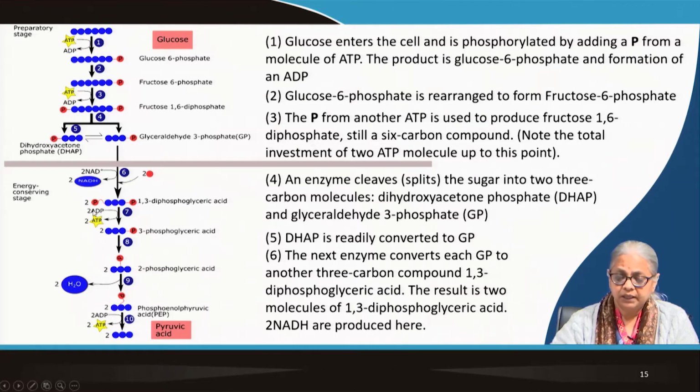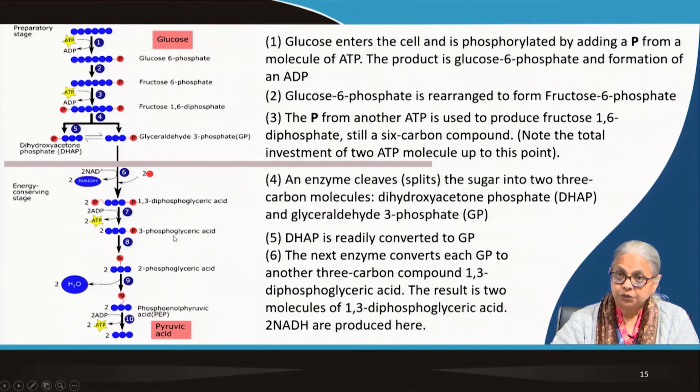Utilizing 2 ADP, these phosphates from 1,3-diphosphoglyceric acid are transferred to 2 ADP molecules, so they become 2 ATP, and you then get 3-phosphoglyceric acid. So 2 phosphates have been transferred to ADP in high energy bonds along with NADH being formed.